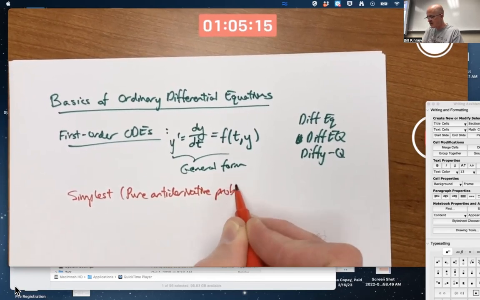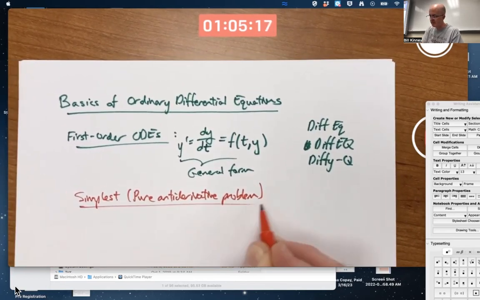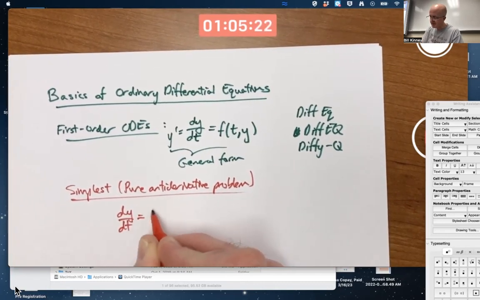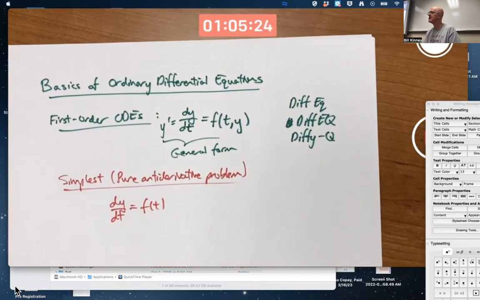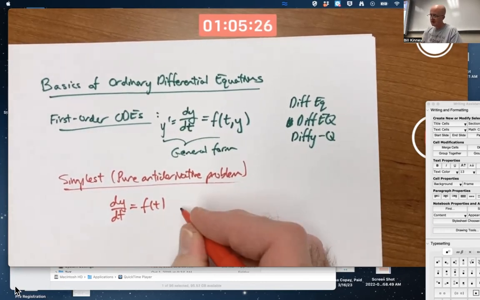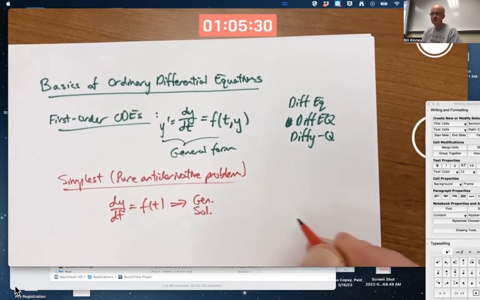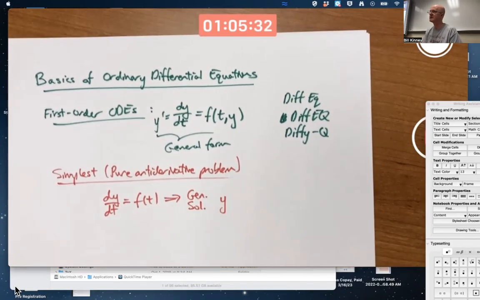They're nothing more than just a plain old calculus problem. dy dt equals f of t. The general solution for y as a function of t is just found by integration. Done.